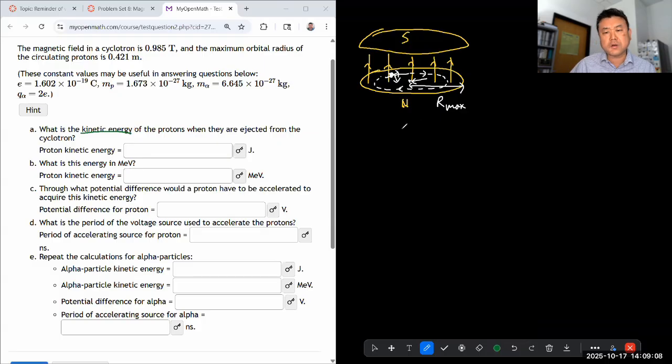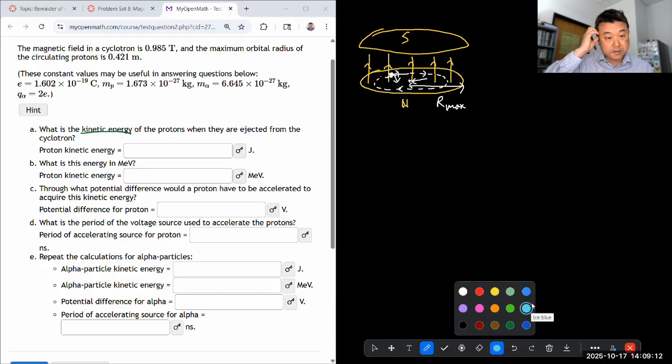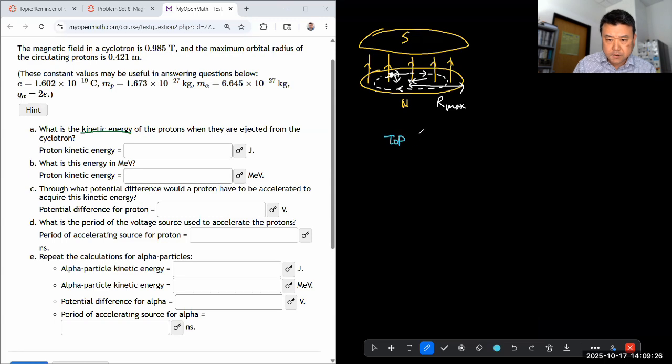So here you have to do a force analysis. This is really why, earlier in the semester in the mechanics review, I included the circular motion problems. That's because in a scenario like this, that's really what you have to analyze. Let me draw the top view so that it looks a little better. From the top view, what I basically have is the circulating proton at radius R max, moving at some speed v.